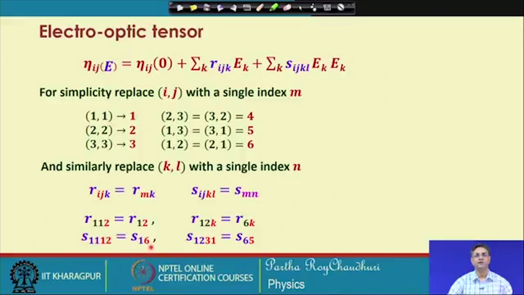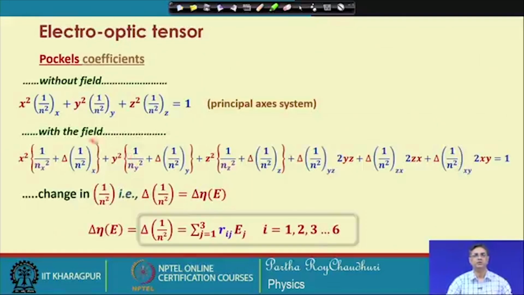So, it becomes S16, and similarly S1231 will become S64. So, effectively we have 18 and 36 coefficients.